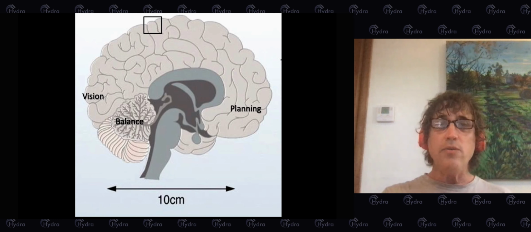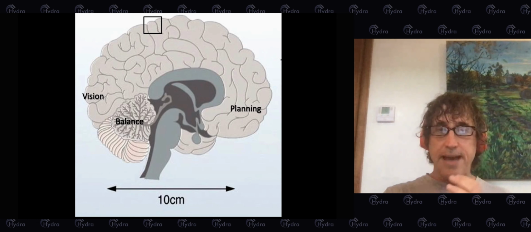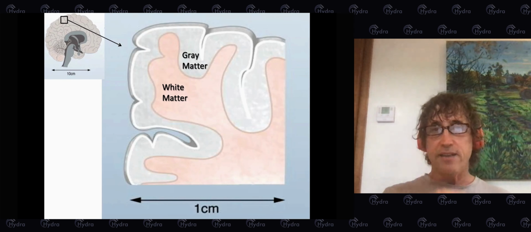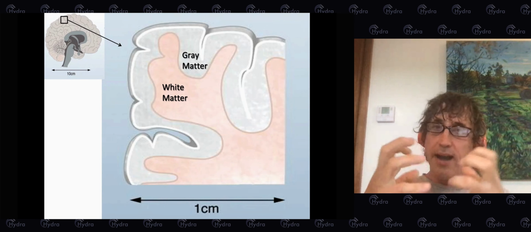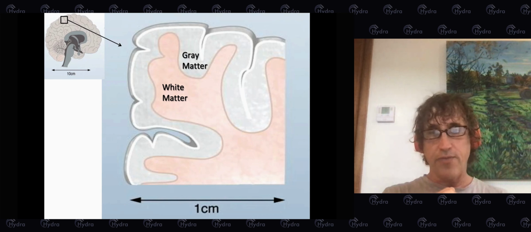Okay, but if you now look at a small piece of this, an order of magnitude less, so 10x less, what do we see? Well, what we see is that we have gray matter and white matter. Gray matter are the bodies of the neurons, the cell bodies and connections around them.